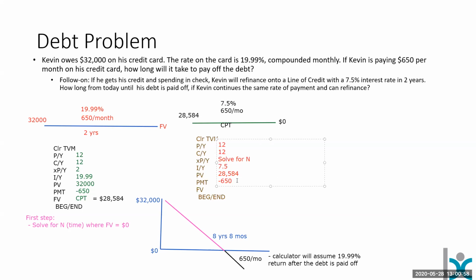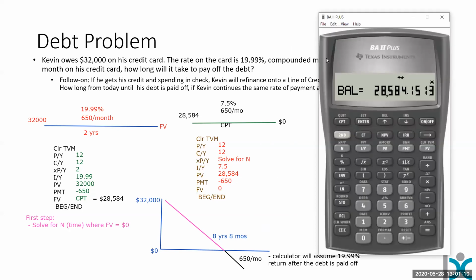And my future value, 0. Okay. So I do have to redo the time value of money calculation now. I could get a little clever here, but I prefer not to. I'm just going to clear what I've got and start over.